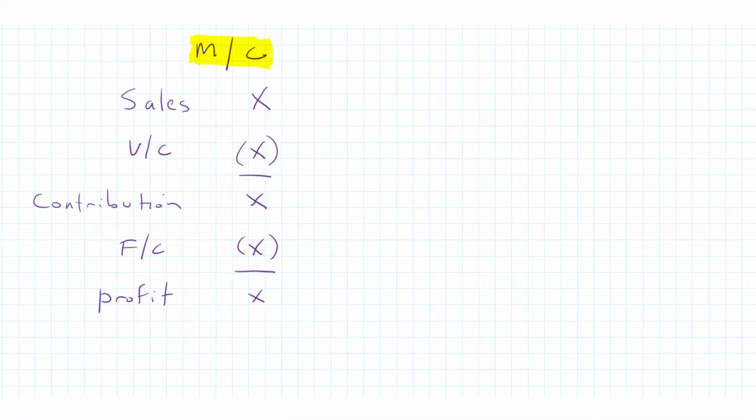If we compare an absorption costing P&L to our marginal costing P&L, and we can abbreviate that AC, the top line is the same, our sales. However, the next line will be our full production cost.